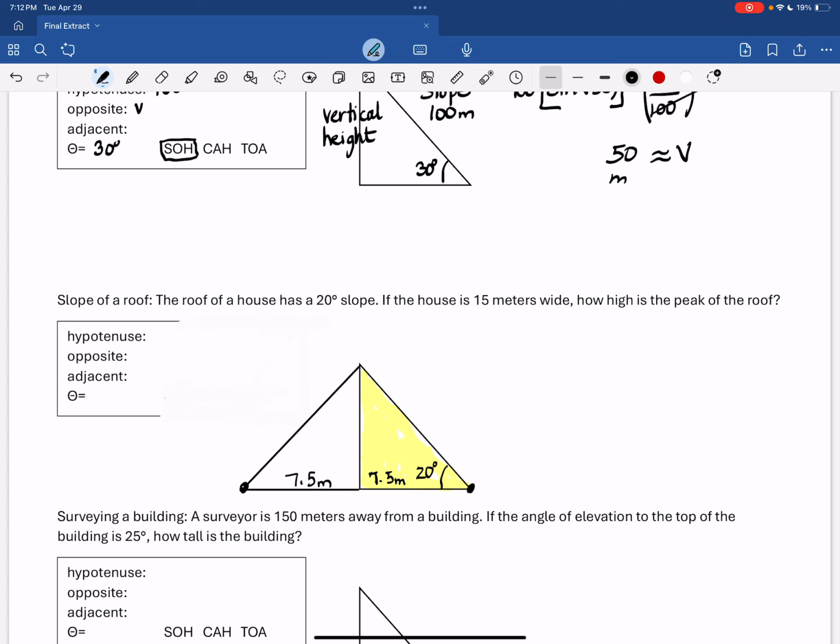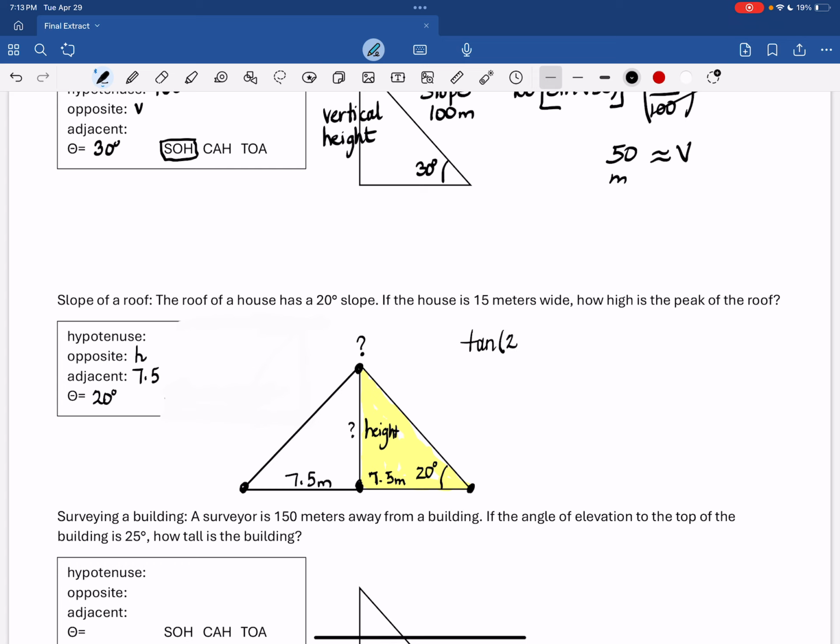How high is the peak of the roof? So we're looking for this distance, which would really be this distance. The height of this segment is what we're looking for. So if theta is 20, we know adjacent is 7.5. The height is the opposite, so I'll call that little h. So we're doing tangent.